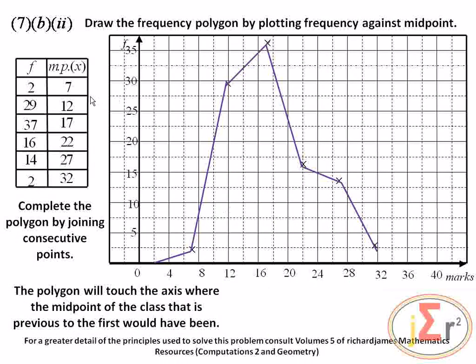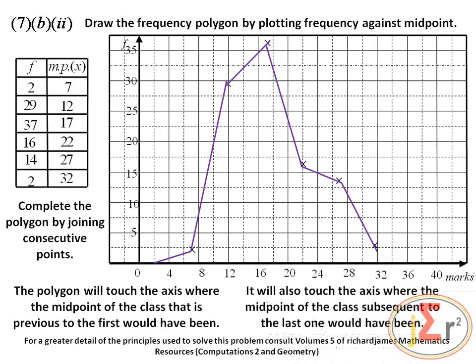So the one previous to 7, if we are going up by 5 each time, therefore we are going to go down by 5. So the one that will be previous to this will be at 2. So this one will be touching the axis roundabout where we have 2 on the horizontal axis.